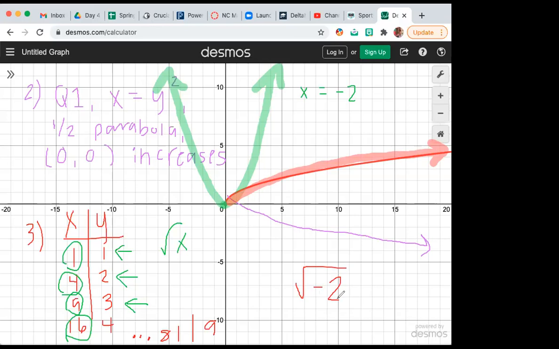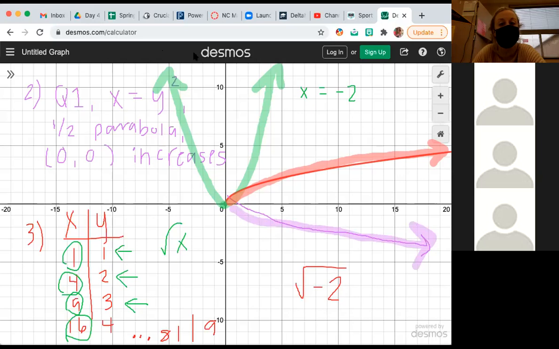Now let's talk about the Y's. So let's look at this purple piece down here. Why do y'all think we don't have any negative Y's? I'm asking you a lot of tough questions today. Why do you think we can't have that purple piece down there? Well, if I take the square root of 16, that could be +4 or -4, right?